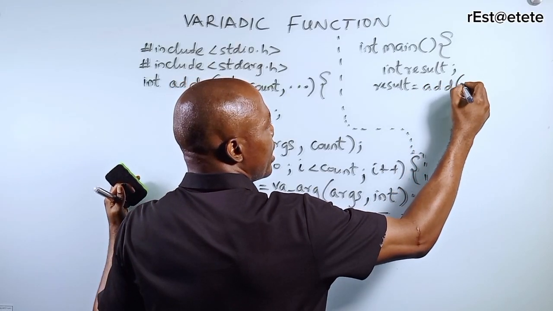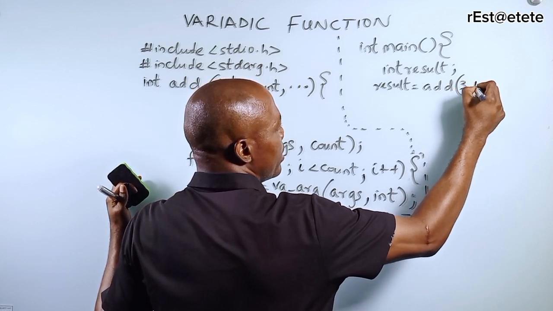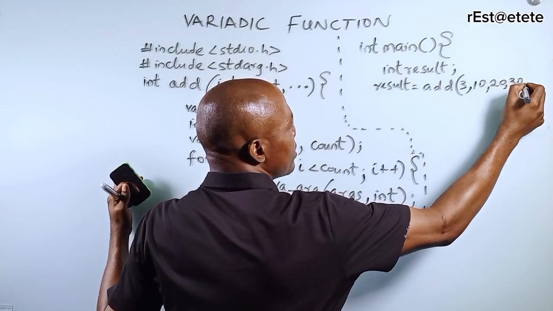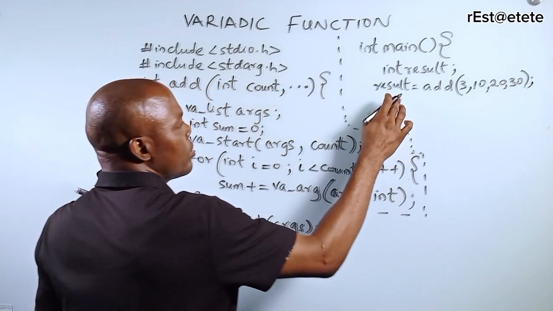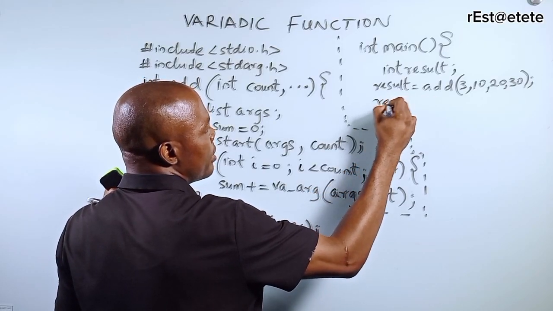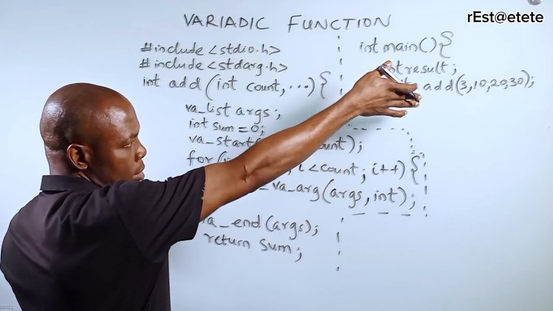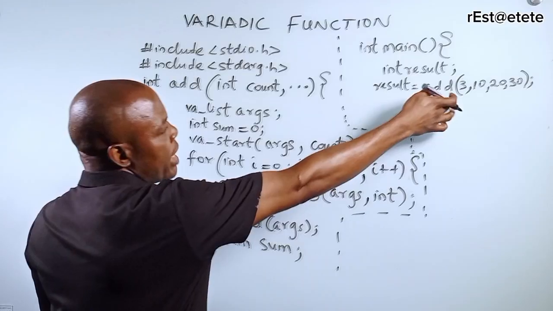Then I will supply 3 to it. Then 10, 20, 30. So that is result. Let me just leave it like that because of time. So result, I've called this.